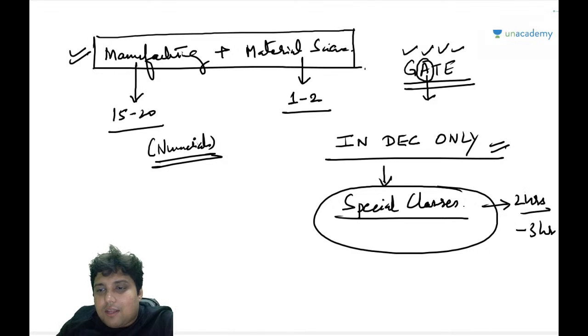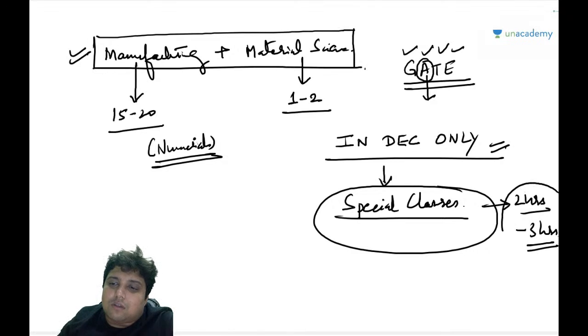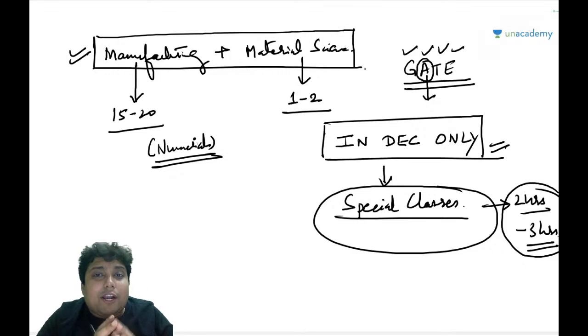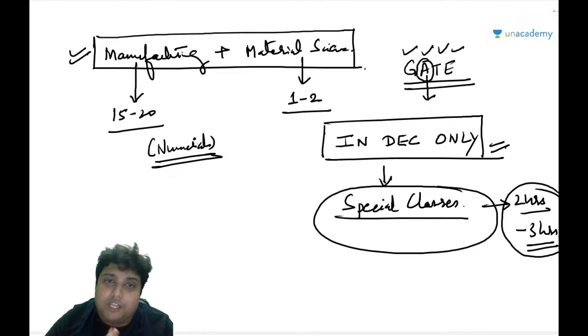If necessary, we can even stretch it to 3 hours. So on special classes, I am starting a new series and I will be completing the entire manufacturing plus material science in the month of December. And how I am going to do that is going to be very unique.